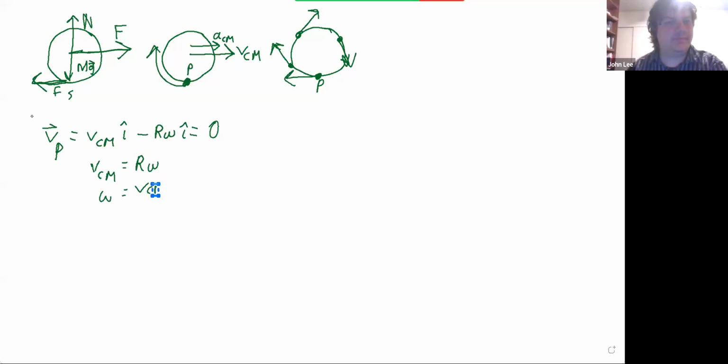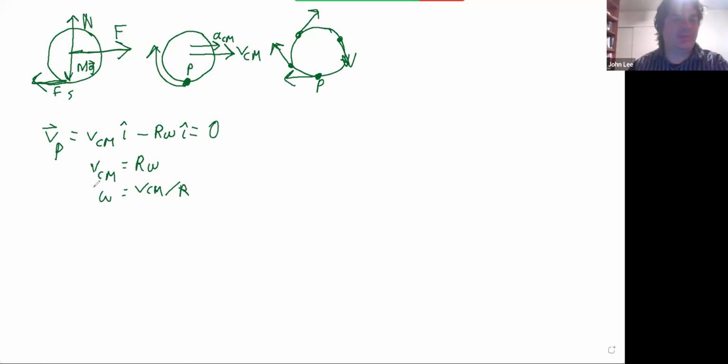Or omega is equal to V center of mass divided by R, where R is the radius of the sphere or the disk, whatever is rotating. It's the radius from the center of mass to the point where it's rotating.